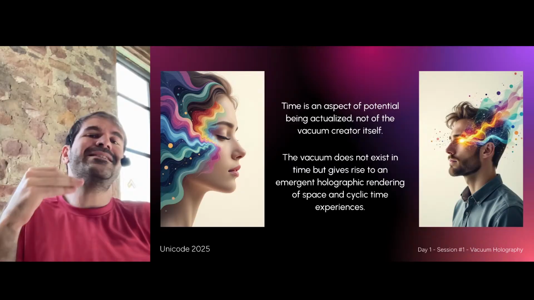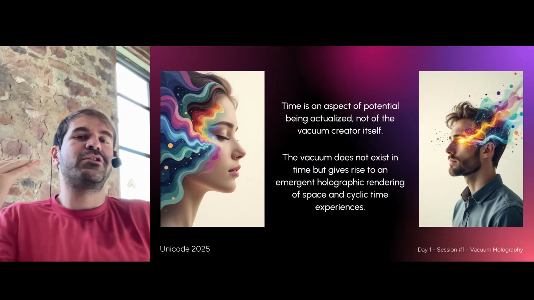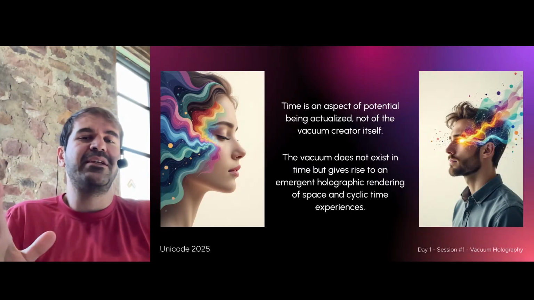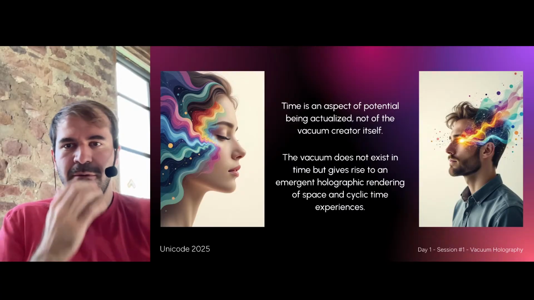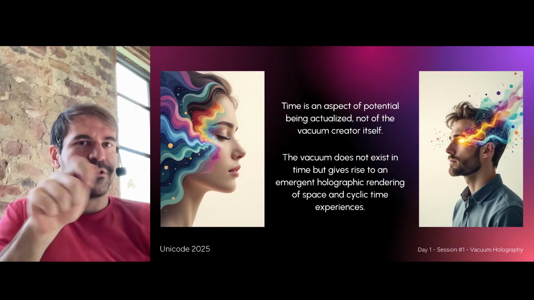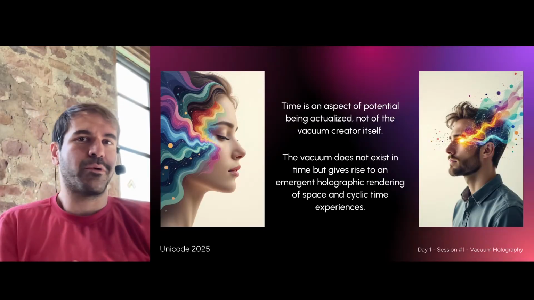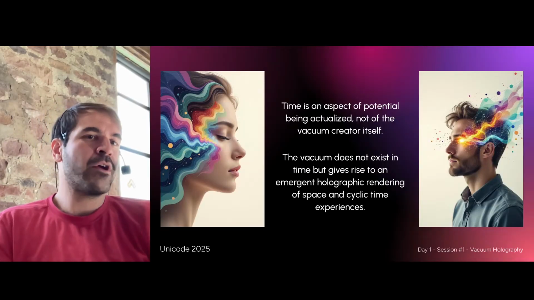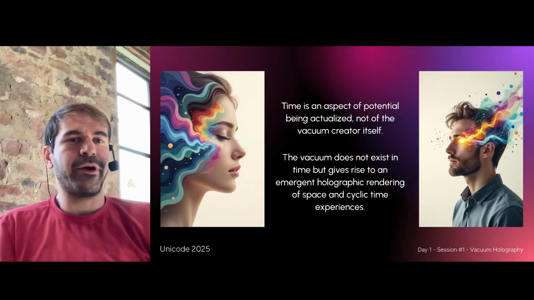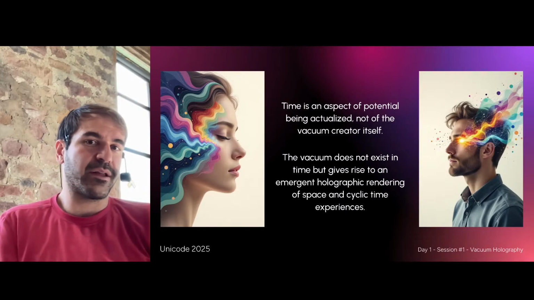So it doesn't exist in time, but it gives rise to an emergent holographic rendering of space and cyclic time experiences, and whatever other beautiful artistic paintbrush strokes it wants. That can be anything from, again, neutral things like making an omelet or playing golf, all the way to having very entropic experiences like war and violence, or negentropic like unity and love.